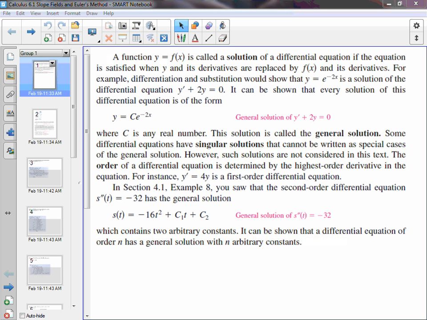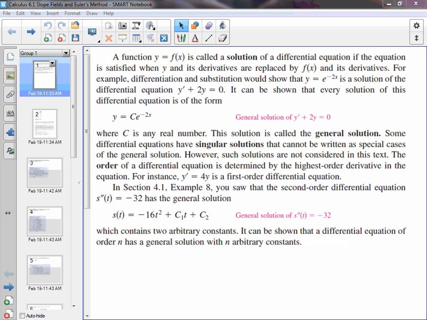Starting on page 404, a function y equals f of x is called a solution of a differential equation if the equation is satisfied when y and its derivatives are replaced by f of x and its derivatives. An equation is satisfied when you do substitution and you get a true statement.